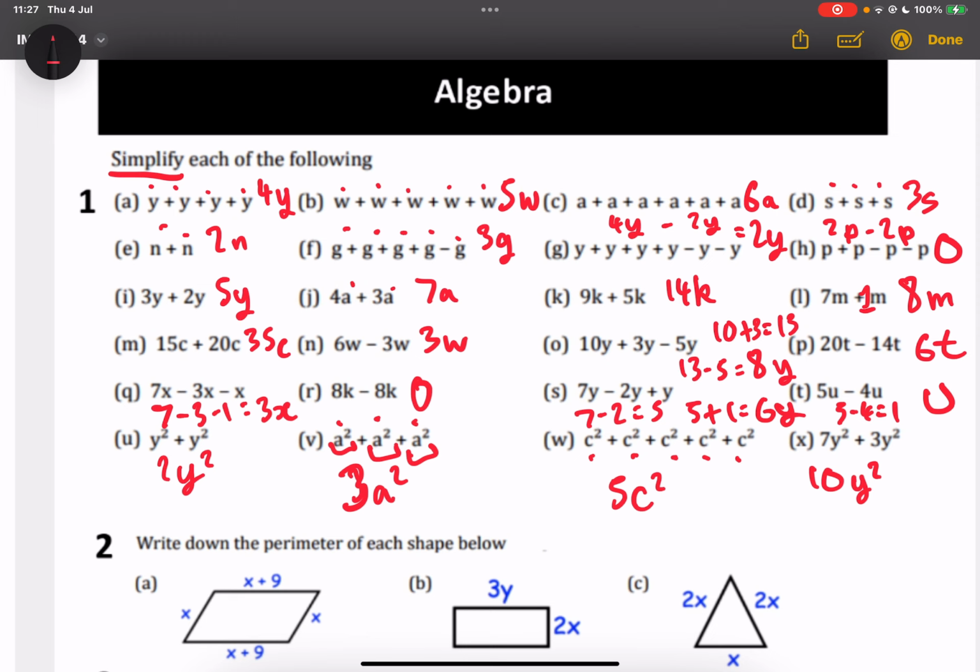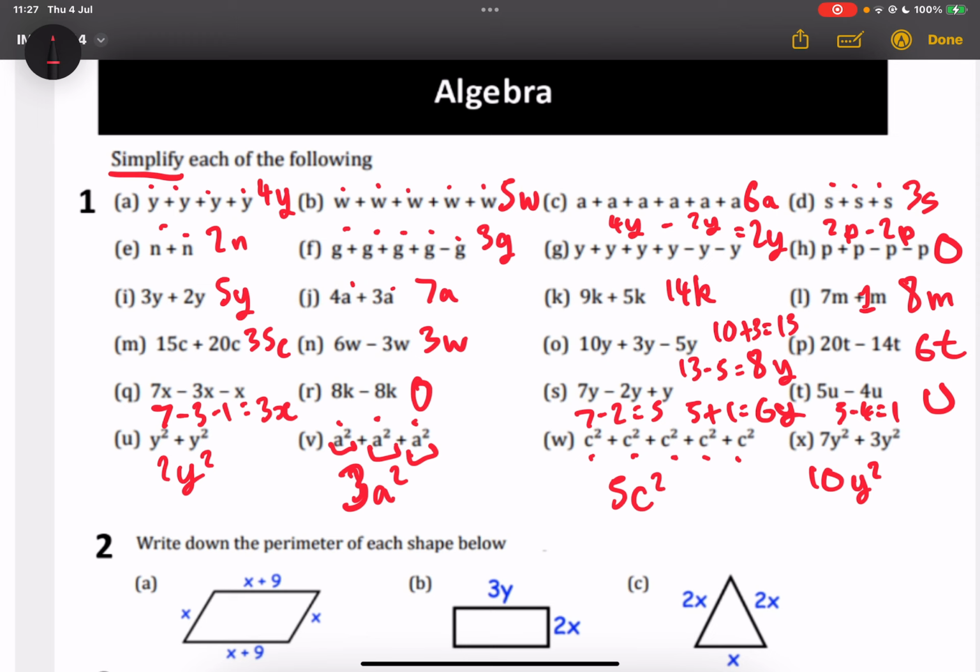N is 20 minus 5 plus 6. So first we're going to be doing addition, then subtraction. So 20 minus 11 is 9. I've just paused for a second because the answers are saying something else.